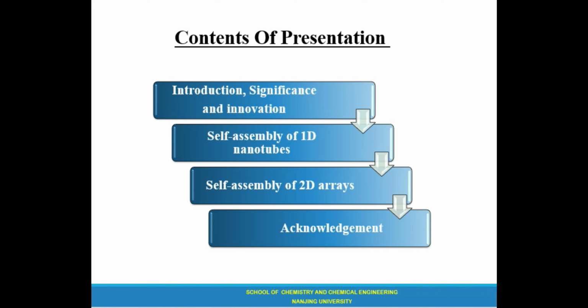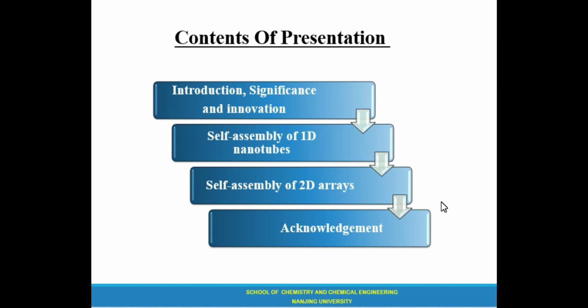Then in the next section, you will focus on the materials and method chapter of your thesis that would be based on your research work, that is, how you have conducted your work. For example, in this case, it would be self-assembly of one-dimensional nanotubes. And if you are a PhD student, then as you have worked much more, 2 or 3 sections would highlight your research work.